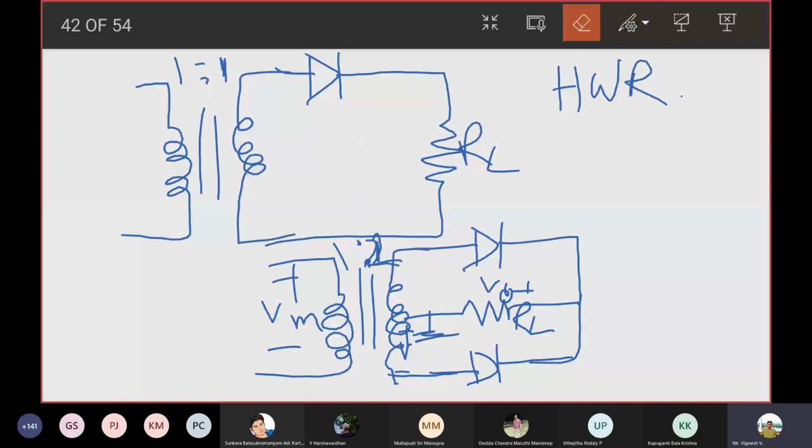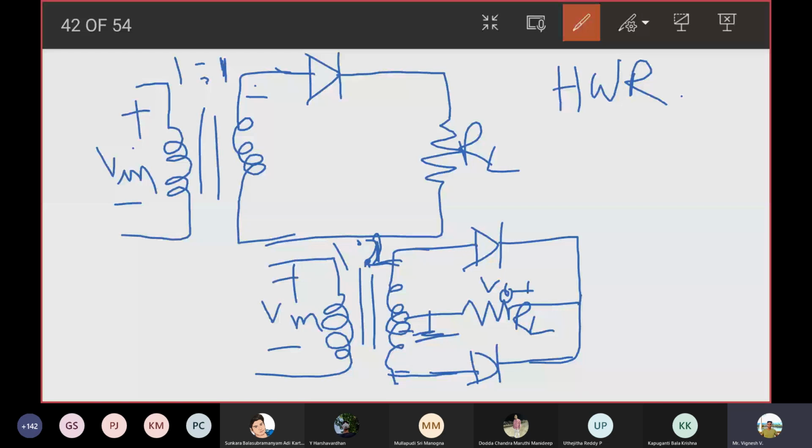Now, if that is the case, then it means that there is a loss at the output side, right? Here, for a half wave rectifier, if the turns ratio is 1:1, whatever V in I am applying, the same V in appears across here. Not a problem at all.